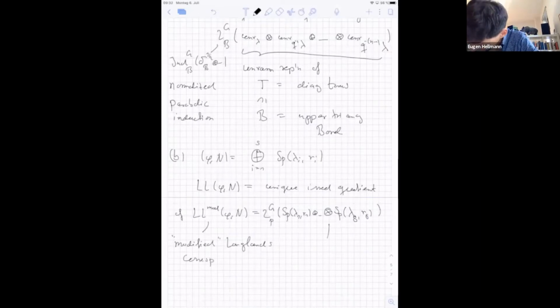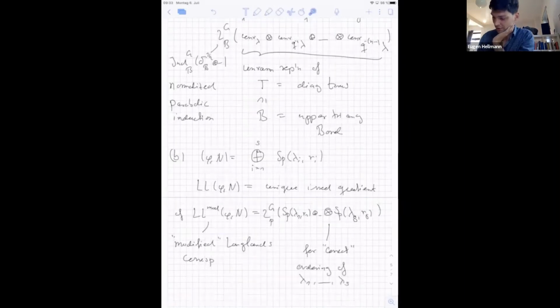And this here certainly in general is not true for any ordering, but for a particular choice for the correct ordering of the eigenvalues lambda 1 up to lambda s.